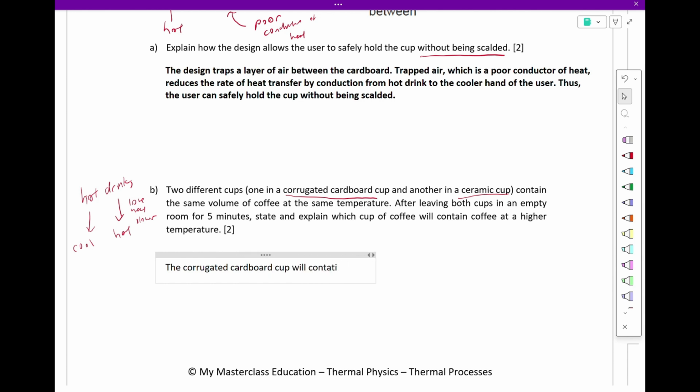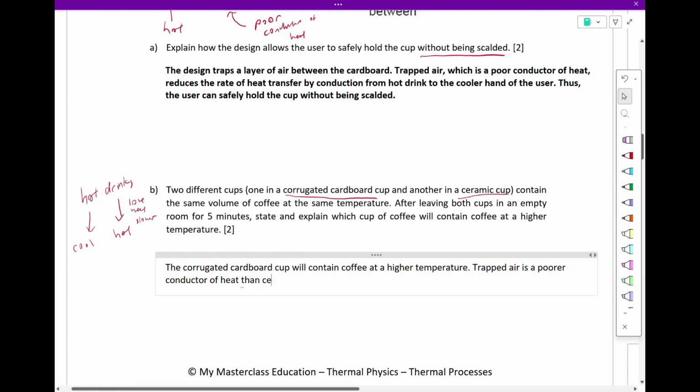It will contain the coffee at a higher temperature. Firstly, trapped air is a poorer conductor of heat because, number one, it is a gas. Compared to ceramic, which is just a pure solid, trapped air, because the particles are much further away, is considered a much poorer conductor.